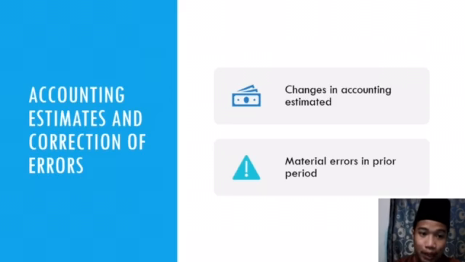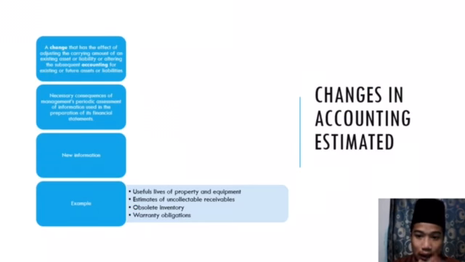In this topic, there will be two subtopics, which are change in accounting estimate and material errors in prior period. What is a change in accounting estimate?